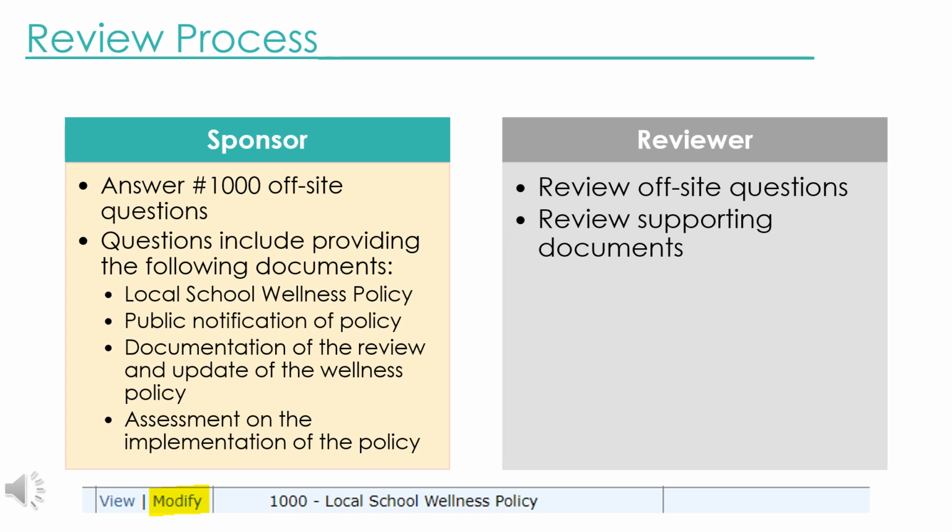The reviewer will review the offsite questions and the supporting documents. Here you will see a screenshot of the 1000 series of questions from CNP titled Local School Wellness Policy. If someone else in your district oversees the local wellness policy, please work with them to complete the questions and obtain any documentation required.